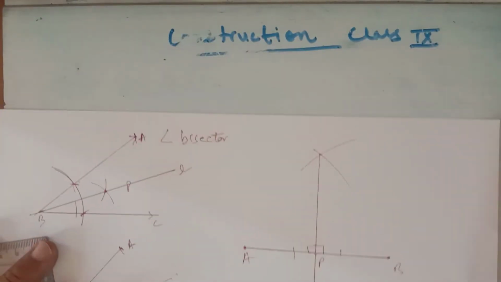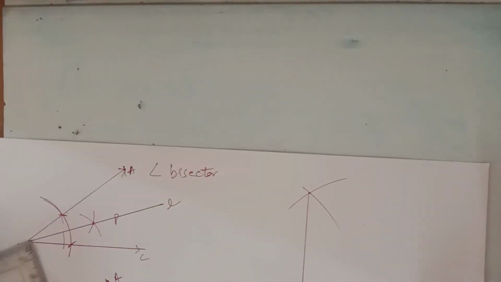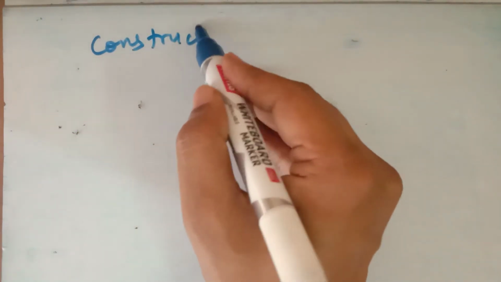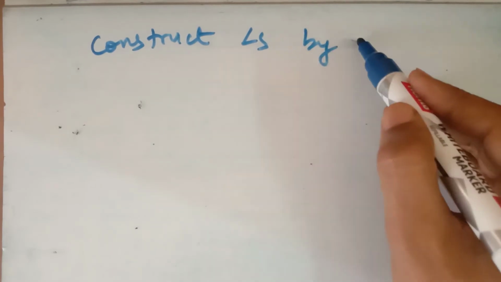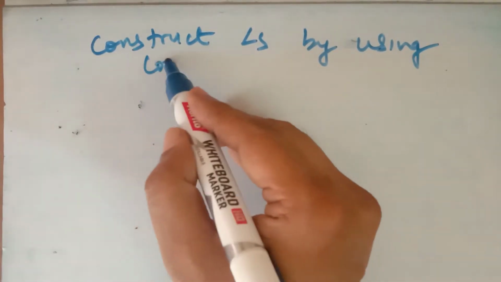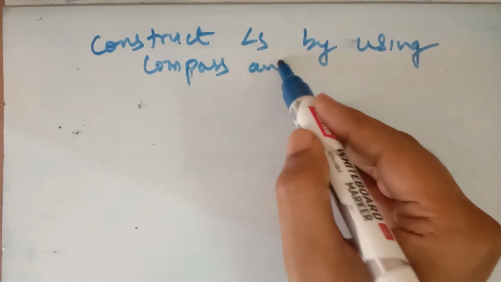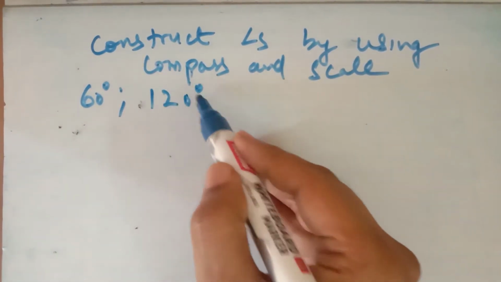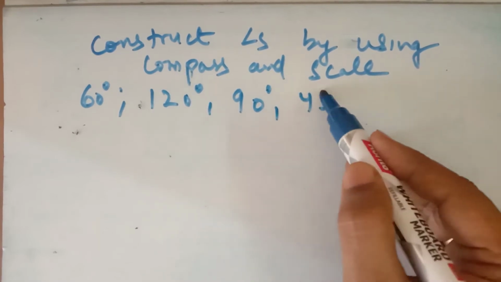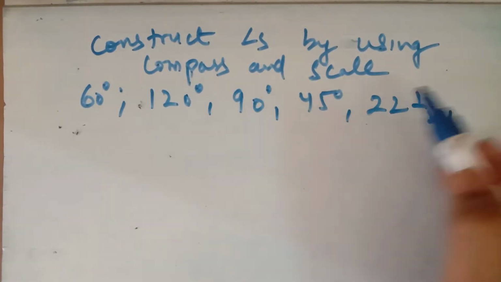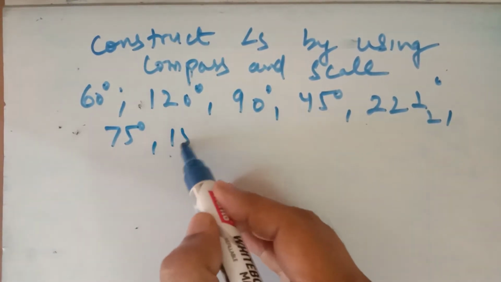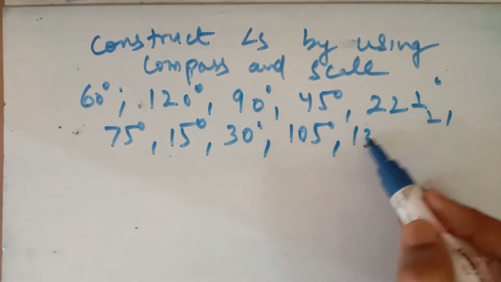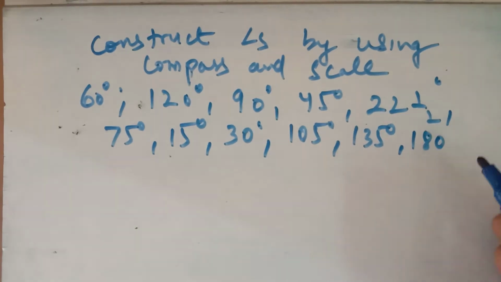After that, you have to construct the following angles by using compass and scale only: 60 degree, then 120 degree, 90 degree, 45 degree, 22.5 degrees, 75 degrees, 15 degrees, 30 degrees, 105 degrees, 135 degrees, 180 degrees, and like this.